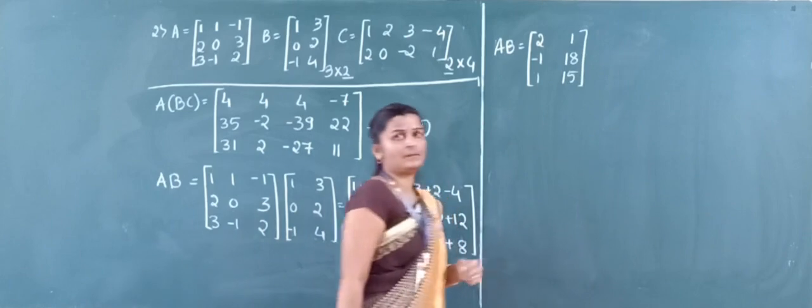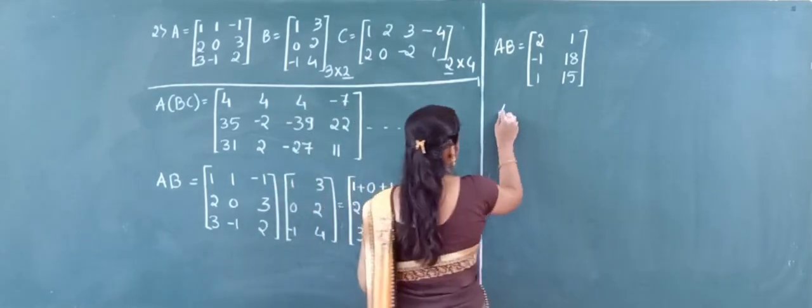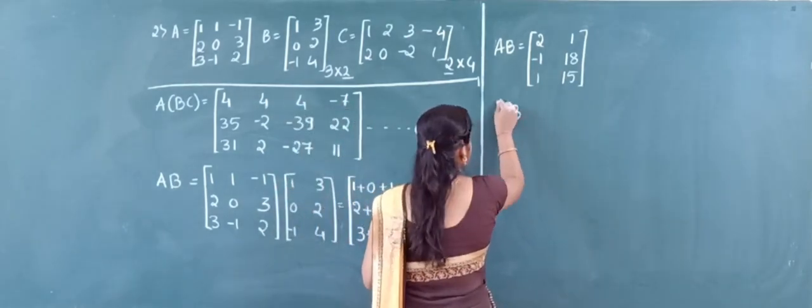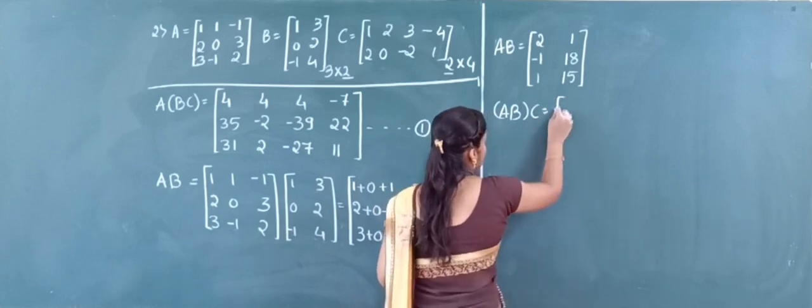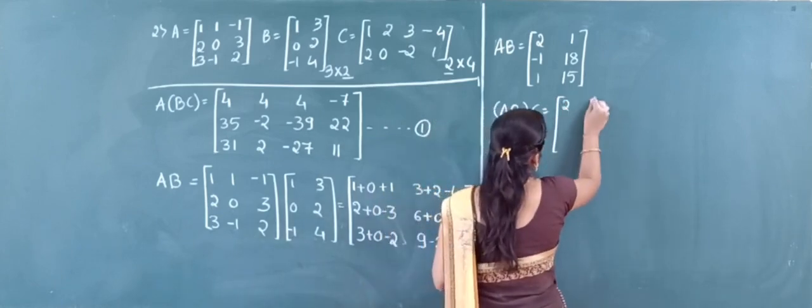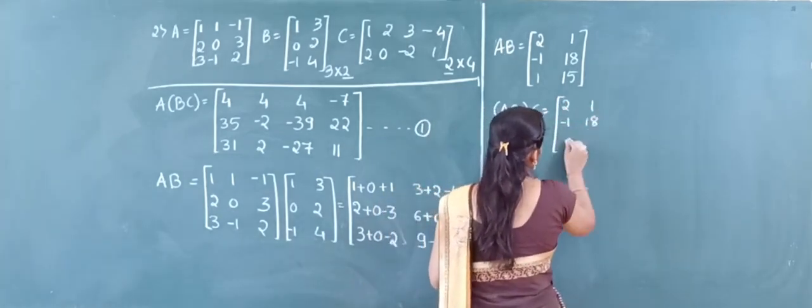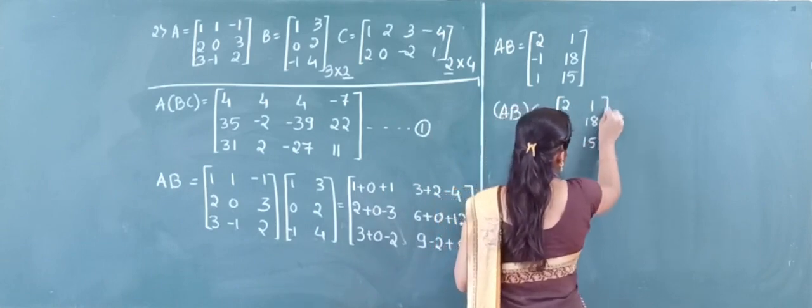This is our AB. So next I have to find out AB into C. Our AB is 2, 1, minus 1, 18, 1, 15.